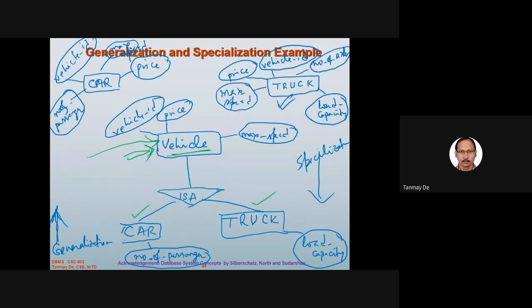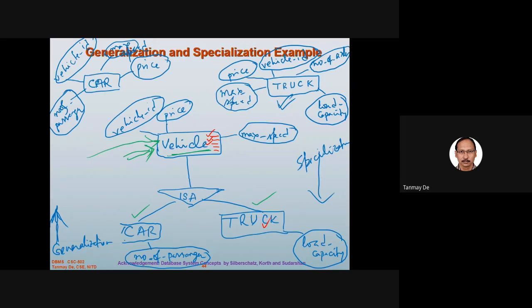In the vehicle entity set there are a number of distinct vehicle entities. Now the question is, is each of these present either in car or in truck?